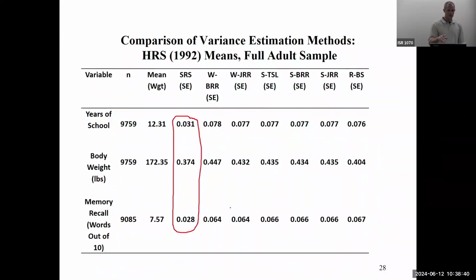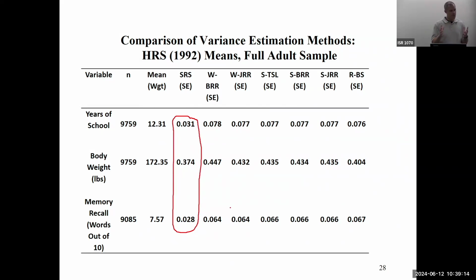What matters is accounting for the design features in one way or another, not just assuming simple random sampling. That's where you see the biggest difference between these different approaches, where assuming a simple random sample severely understates the standard errors because you're not accounting for the design effects. And this is showing you that linearization and the replication techniques both give you perfectly fine ways of accommodating those design effects in the standard errors. Again, agreement to usually the 3rd decimal place.